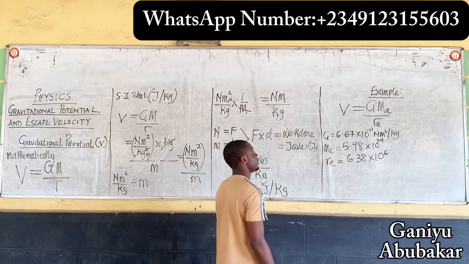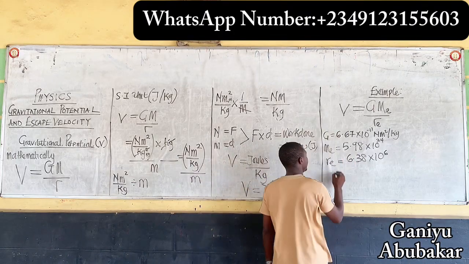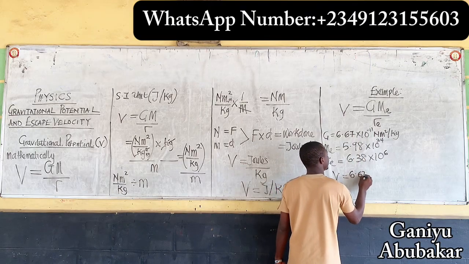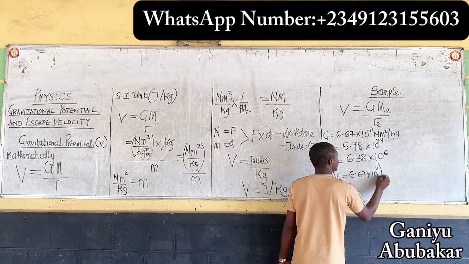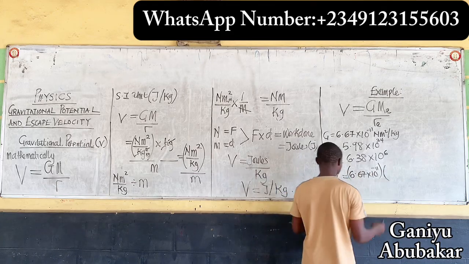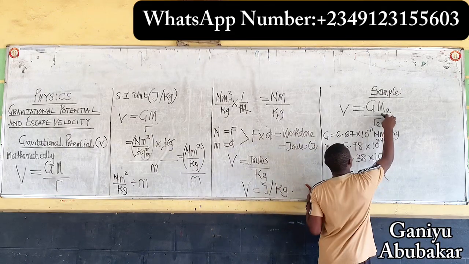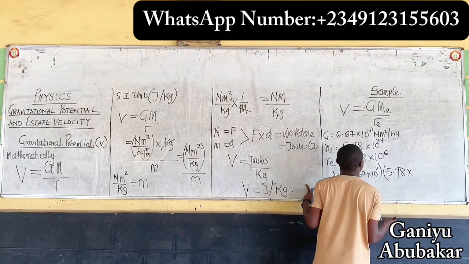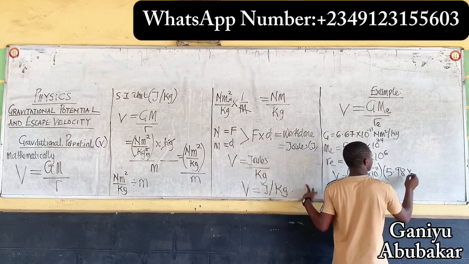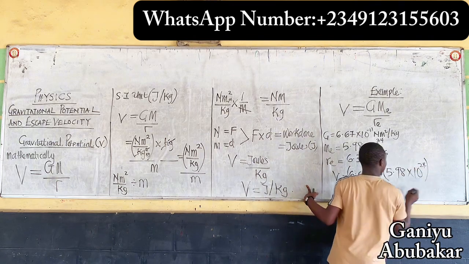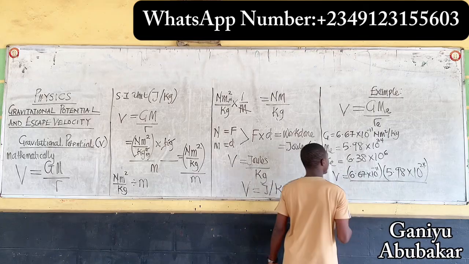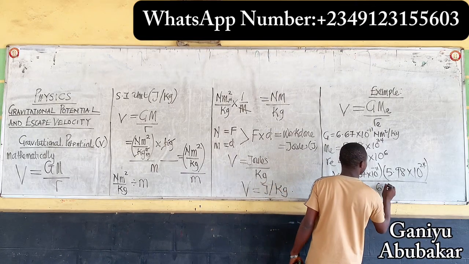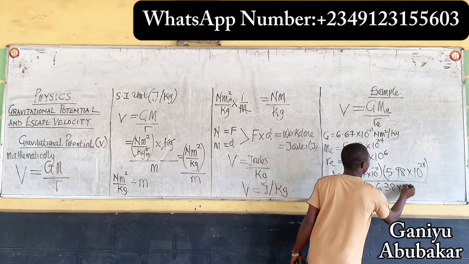To get V is easy here. To get gravitational potential, V is equal to G, 6.67 times 10 to the power minus 11, times ME, 5.98 times 10 to the power 24, all over RE, 6.38 times 10 to the power 6.